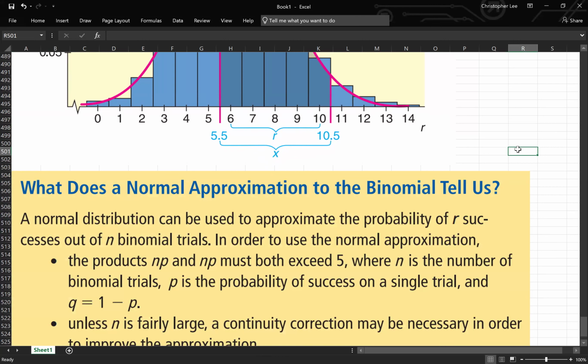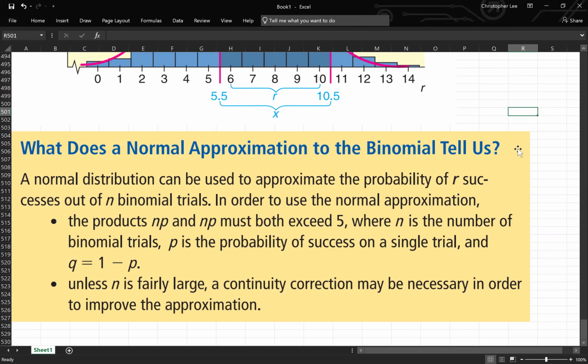A normal distribution can be used to approximate the probability of r successes out of n binomial trials. In order to use the normal approximation, the products n times p and n times q must both exceed 5, where n is the number of binomial trials, p is the probability of success on a single trial, and q is equal to 1 minus p.